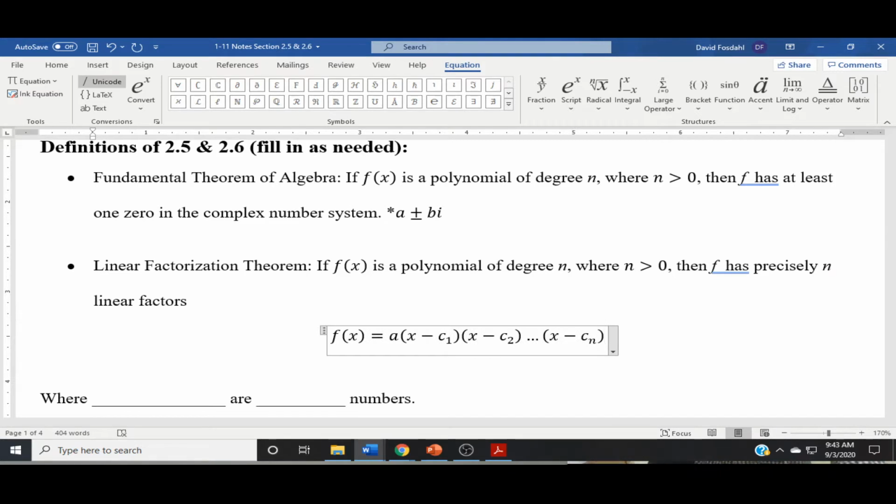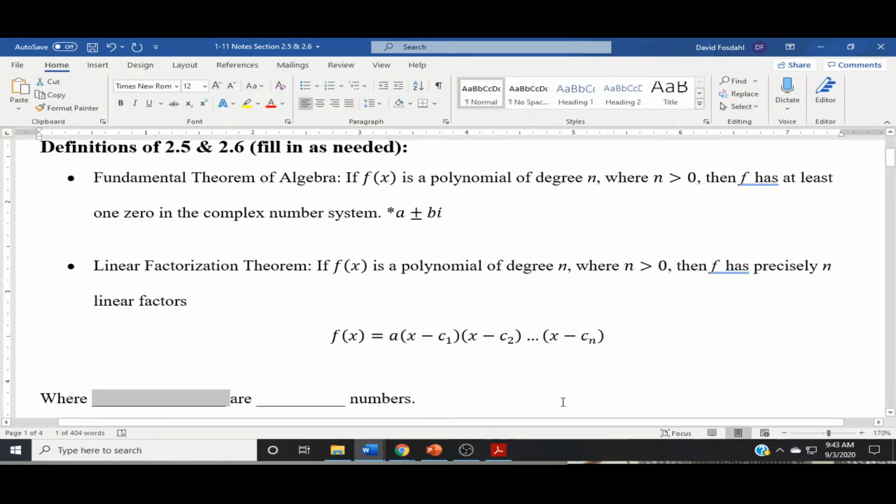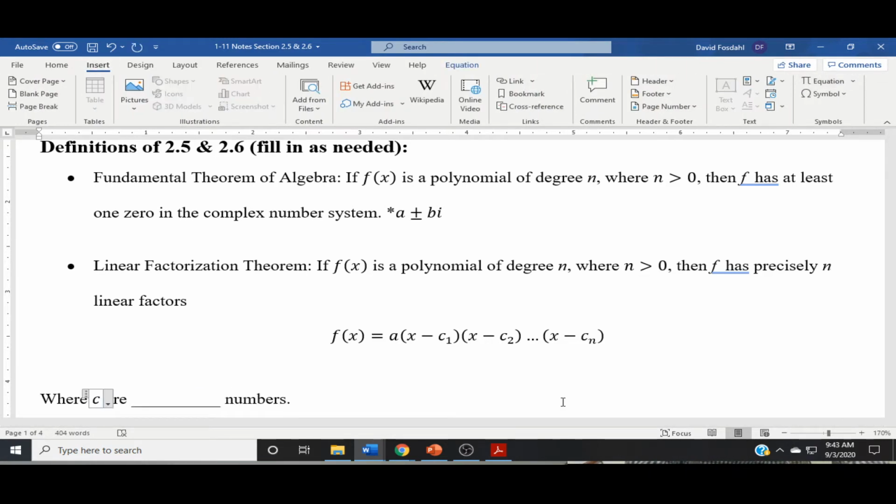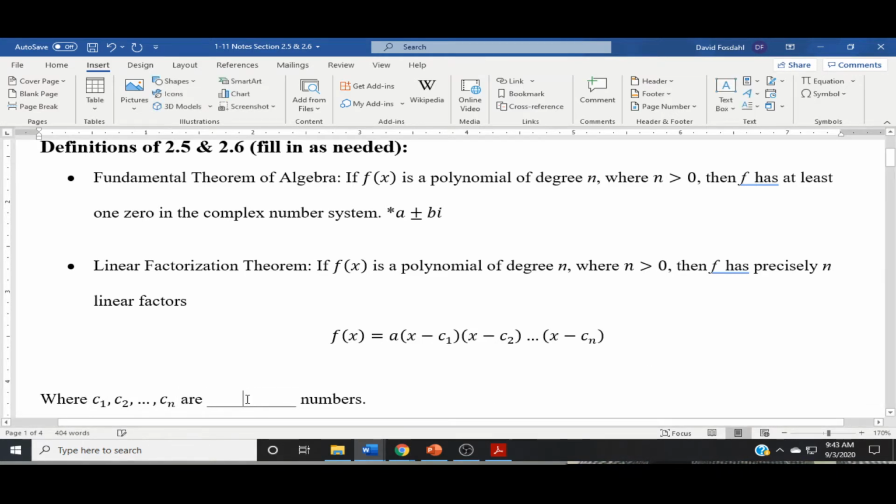Okay, so we'll have linear factors that way, where c1, c2, cn are all going to be complex numbers. Okay? Again, remember complex numbers, a plus bi.